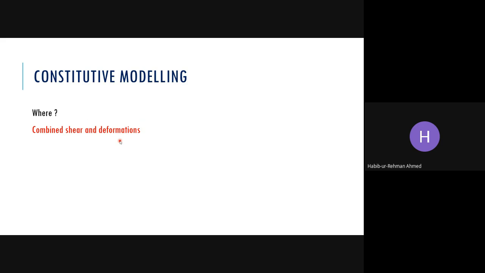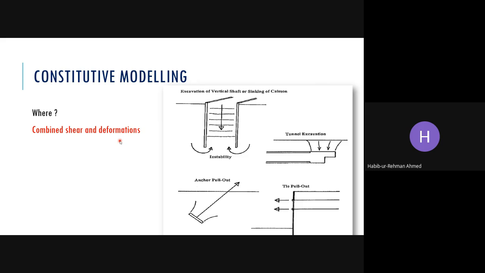And this is only possible if we use advanced or realistic constitutive models, which I have shown you. Some examples are anchor pull-out. Anchor pull-out consists of two things: one is the shear capacity of this part of the anchor, and the other is how much it has deformed.